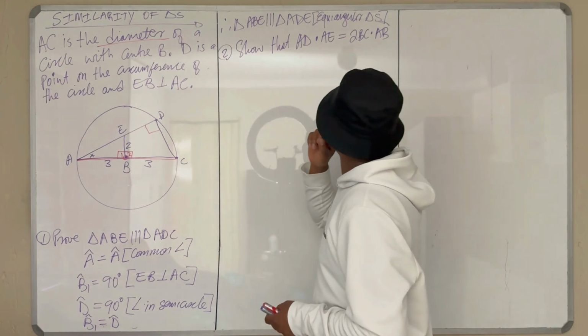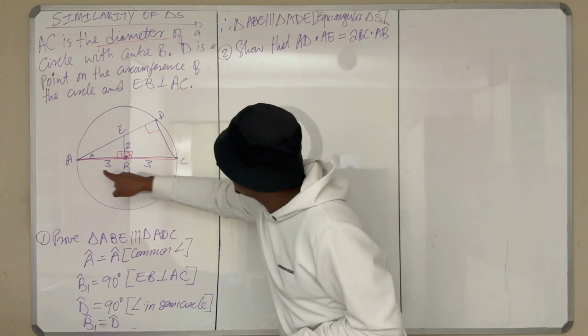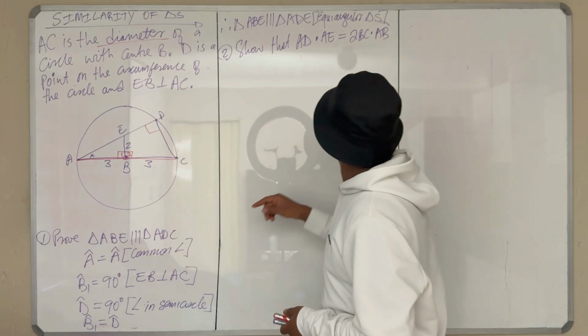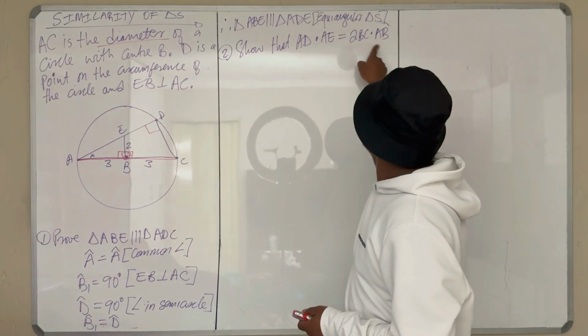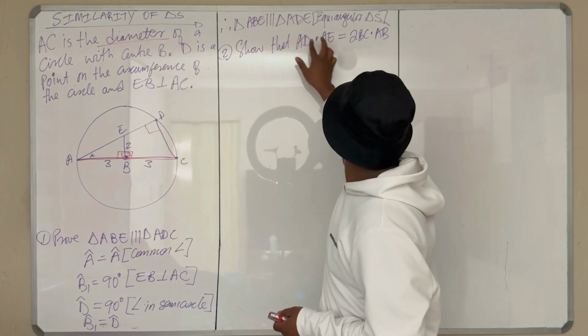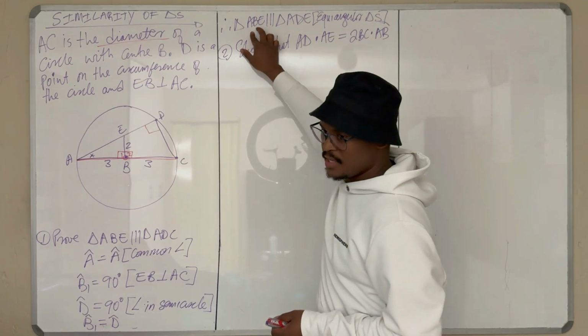AB is this side of this one triangle. So if you look at these three, they all appear here. Because there is AD, there is your AE, there is your AB.